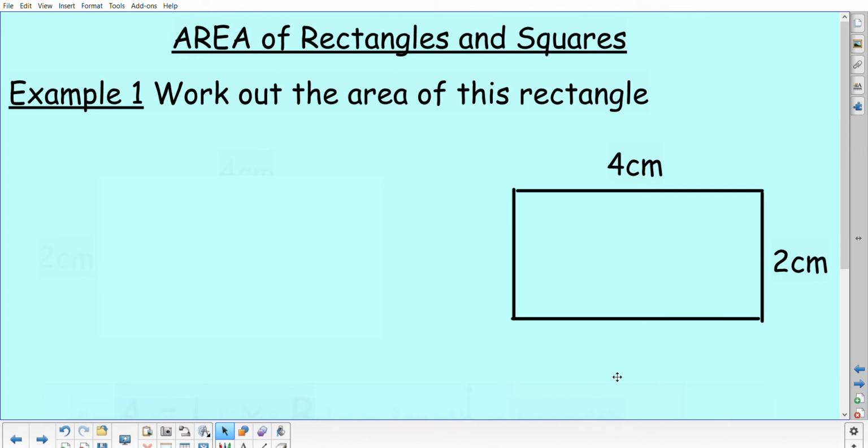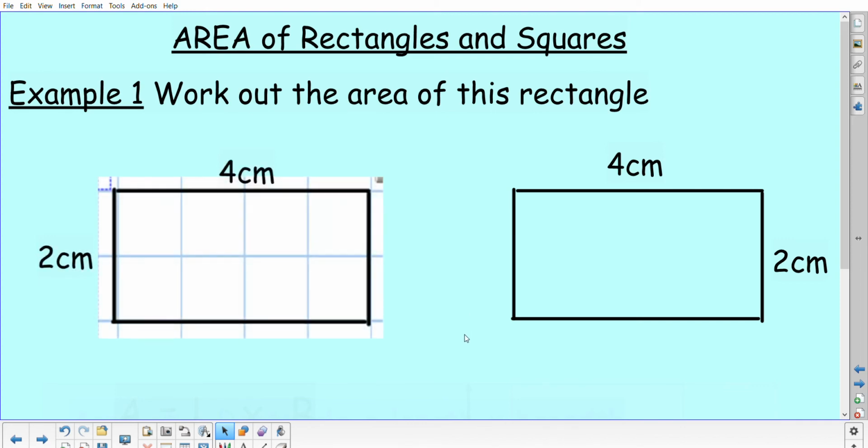Those examples that we had done previously all had the squares already there. But what if you didn't have squares there and you were looking at this rectangle here? How could we work out how much space is inside that particular shape? Well, if we did cover it in squares, then we would see that the space inside of it is 8 square centimetres.